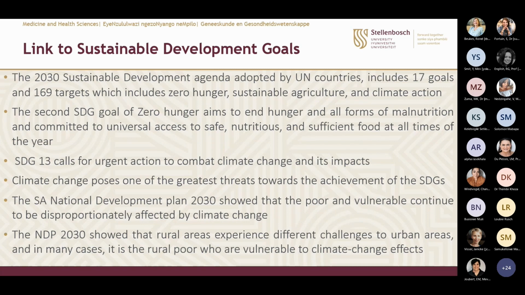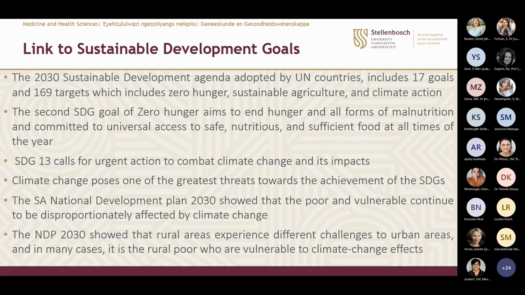So the second SDG goal of zero hunger aims to end hunger and all forms of malnutrition. And it is also committed to universal access to safe, nutritious, and sufficient food at all times. And we will understand how this is actually being disrupted by climate change.